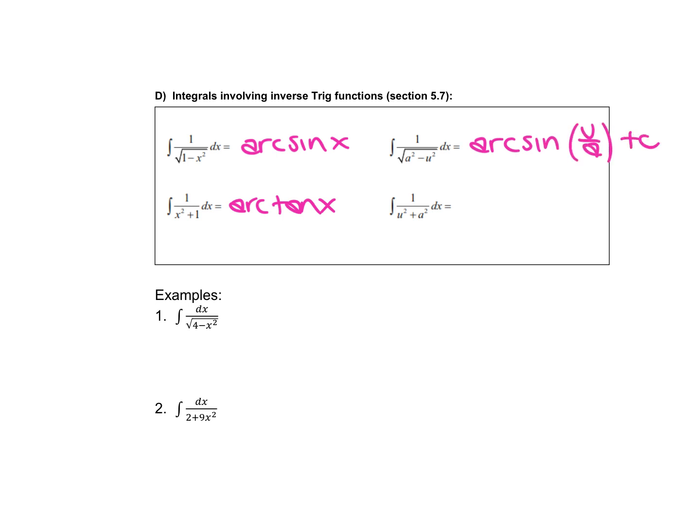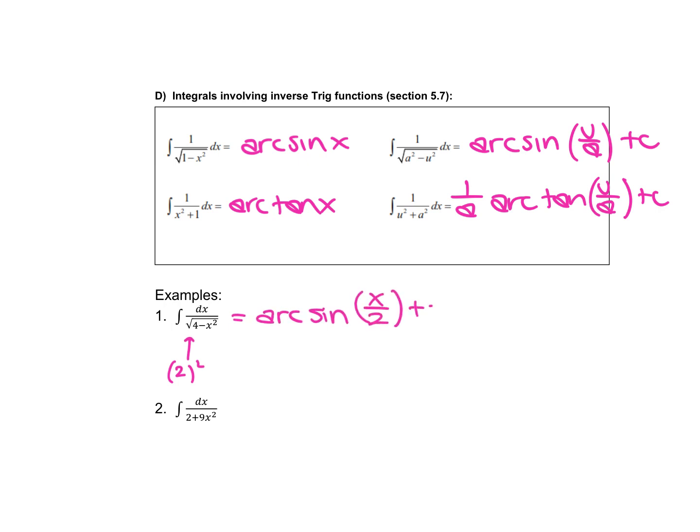And the second one would be 1 over a arc tangent of u over a plus c. So in this case, down here, number 1, this looks the most like your arc sine formula, only in place of the a right here is 2 squared. So when you integrate, you would say my integration becomes arc sine of x over 2 plus c.